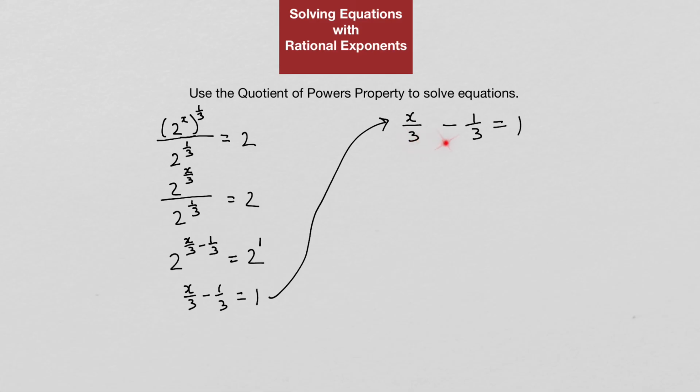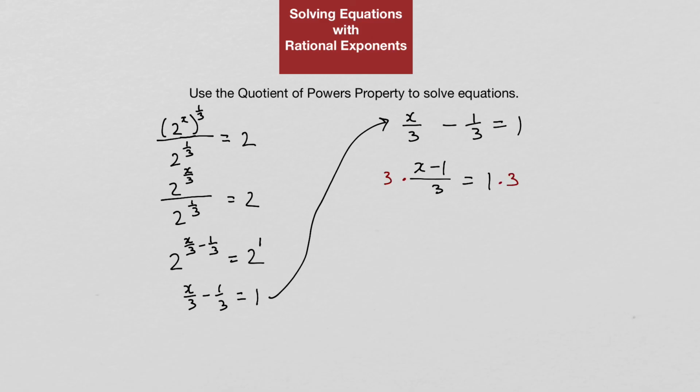Since both of the denominators are the same, we don't need to make any changes, so we can go ahead and subtract the numerators and get x minus 1 over 3 is equal to 1. Okay? So now we want to resolve this 3 in the denominator, and to do that, we're going to multiply both sides by 3.